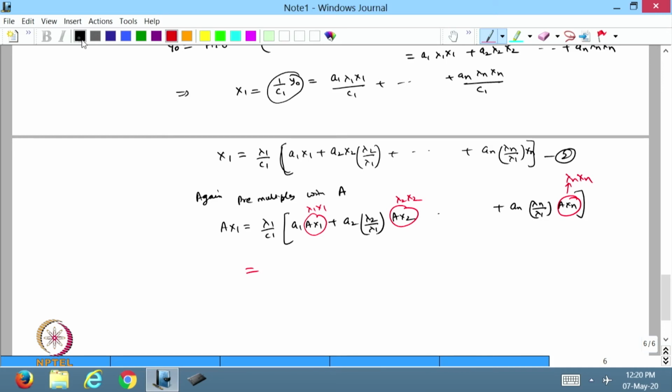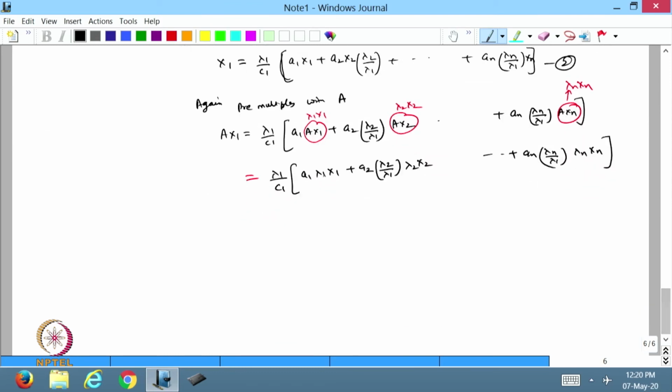So, I can write this as lambda 1 over C1, and then A1 lambda 1 x1 plus A2 lambda 2 over lambda 1 times lambda 2 x2, and An lambda n over lambda 1 times lambda n xn.